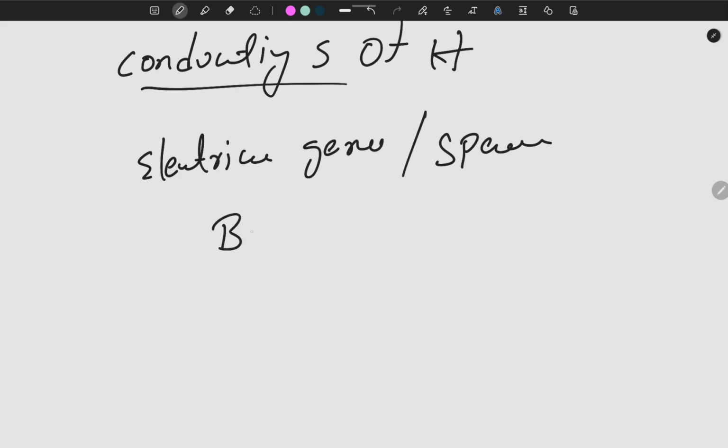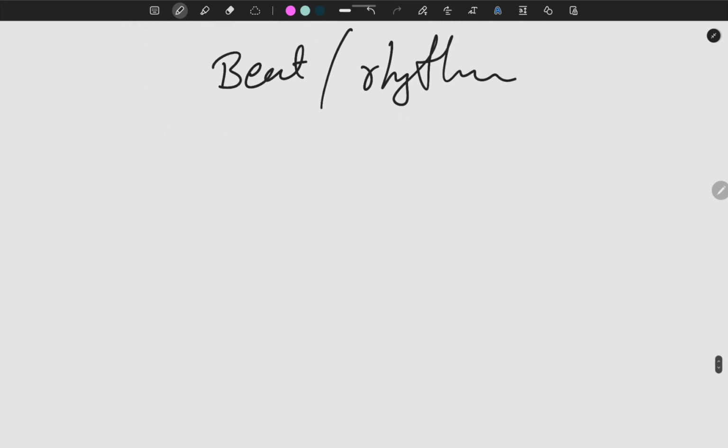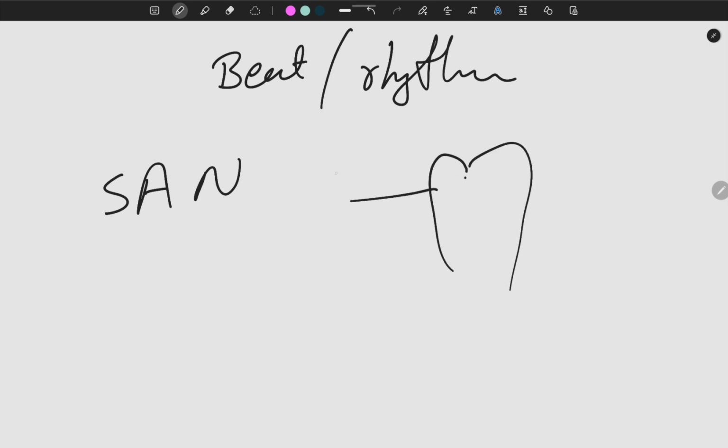To beat, otherwise rhythms. Mainly these impulses start at the sinoatrial node. It is located at the right atrium, the superior part of the right atrium.